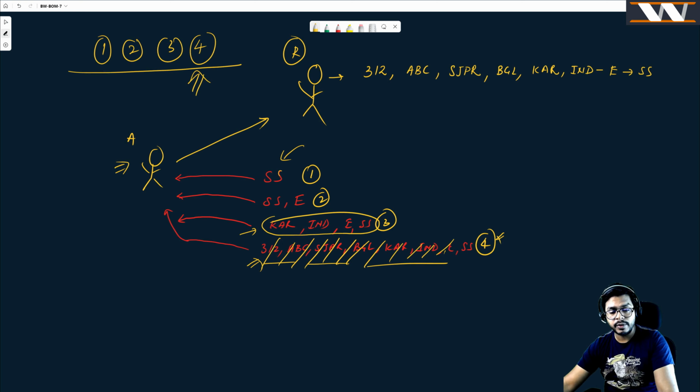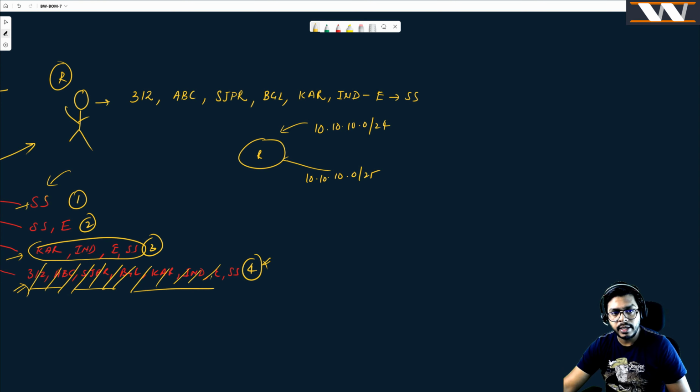The question here is, which route should be considered by this router when it has to send a packet, and the packet's destination address is, suppose, 10.10.10.10? Both are part of this network, just like everybody was giving the right information, right? But the router is going to match exactly one route.